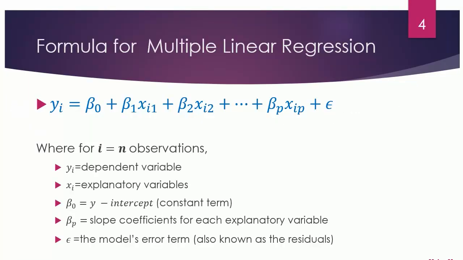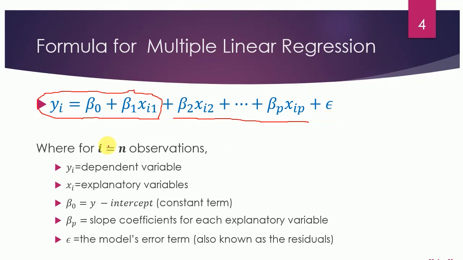So the formula for multiple linear regression is beta 0 plus beta 1 x i1, and so on. Remember, this was the formula in simple linear regression analysis. In multiple linear regression analysis, as the number of explanatory variables is more than 1, if there are p explanatory variables, then that many terms will be there.